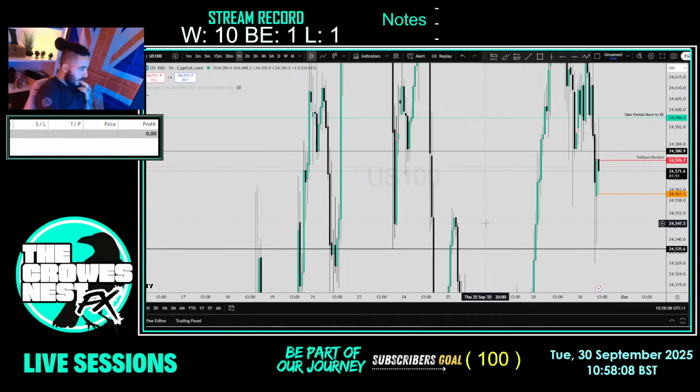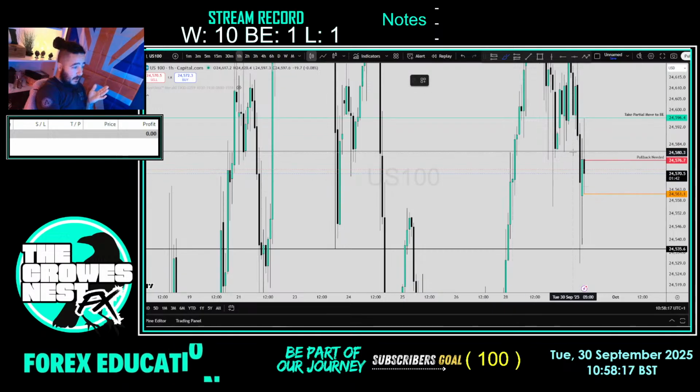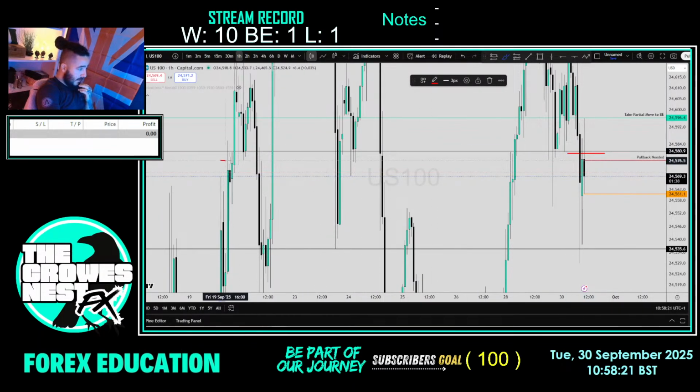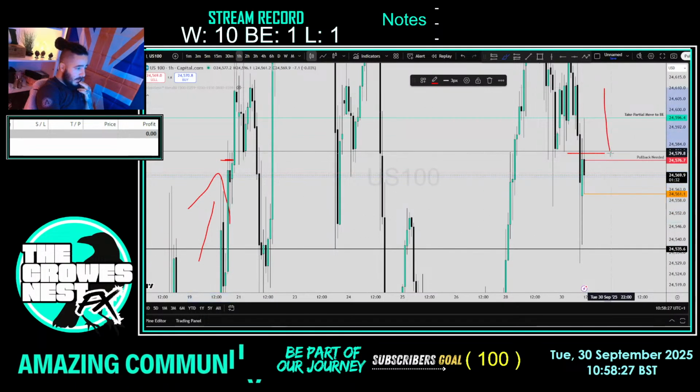Depending on how this hour closes, we've never done this on the hour. We've never closed bullish respecting this level. It's always, well, we have here. That's coming up. They're coming down.